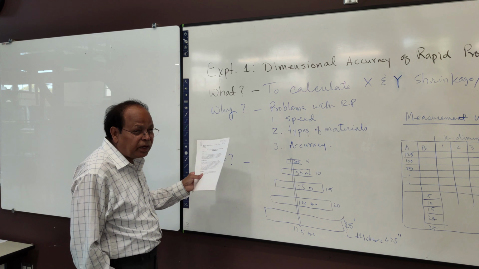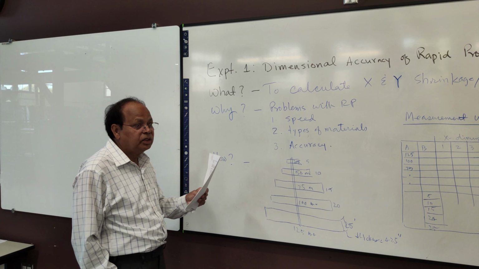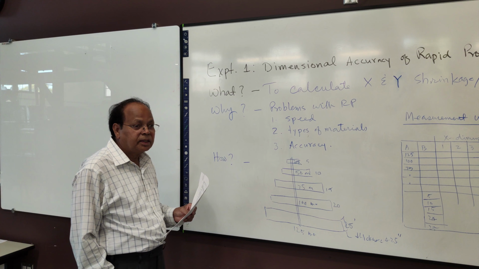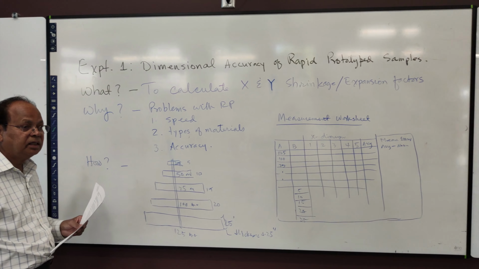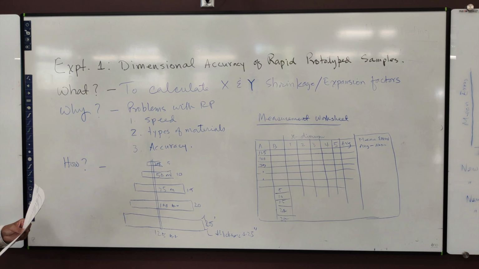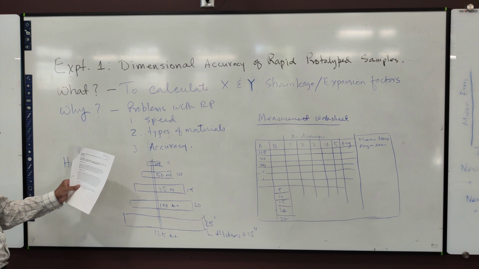Another reason why we are doing this, let me tell you, this rapid prototyping technology was launched in 1989. That's the year I came to Loyola Marymount University as an associate professor. And since then, this industry has gone through tremendous revolution. But when the industry started in 1989, it had several problems. Although it was rapid prototyping, the speed was not very high.